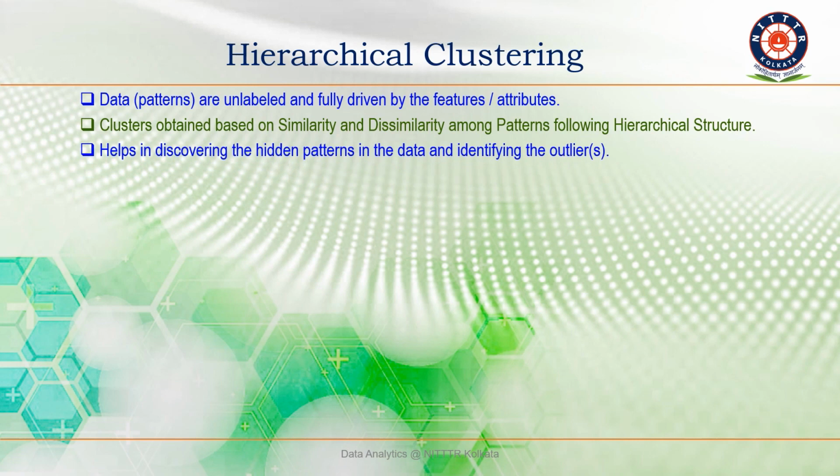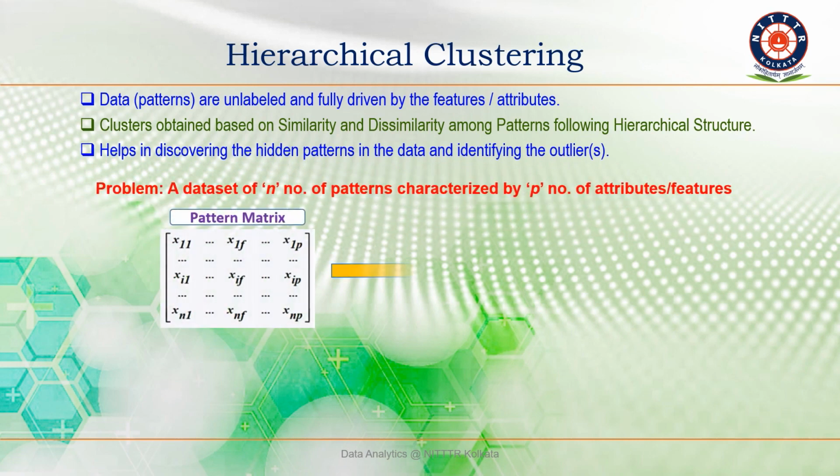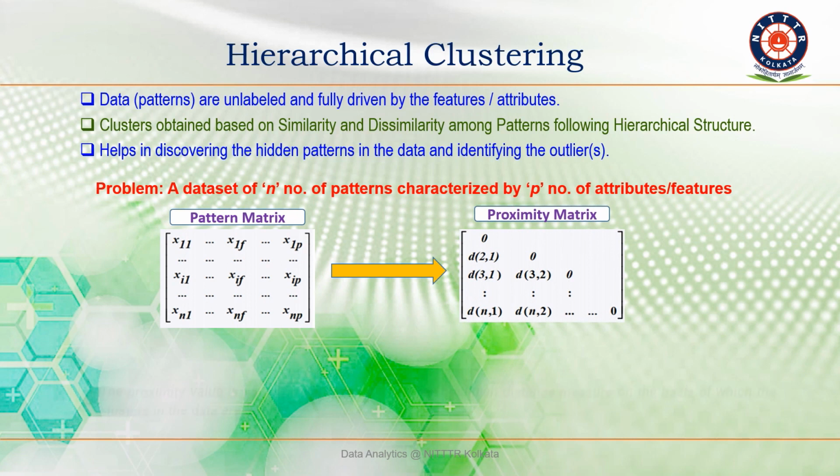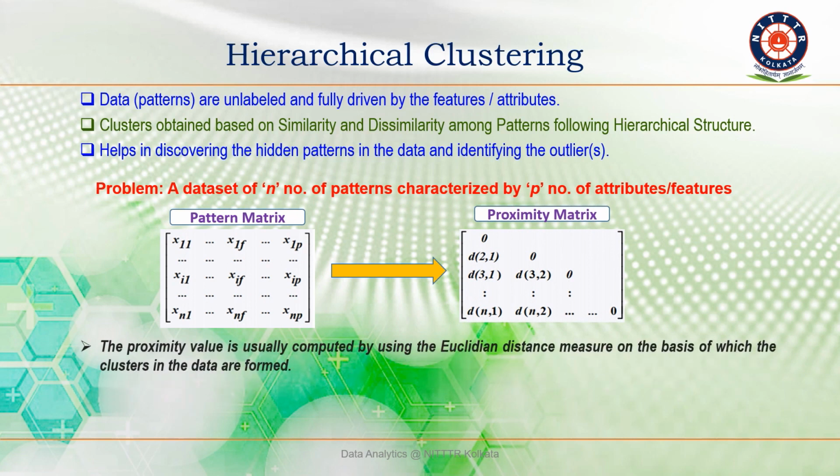Here basically we transform the pattern matrix into a proximity matrix. Pattern matrix means we have a number of samples which are characterized by p number of features, and we are going to compute the distance between every pair of objects characterized by the features.